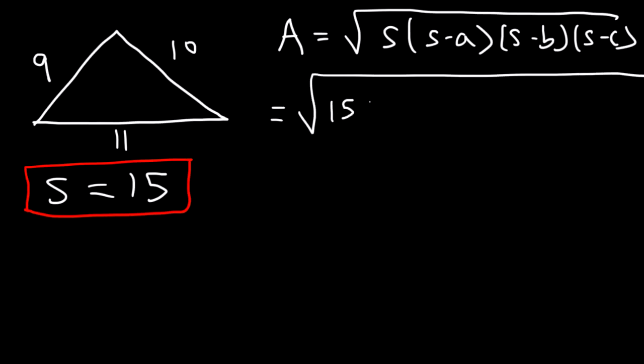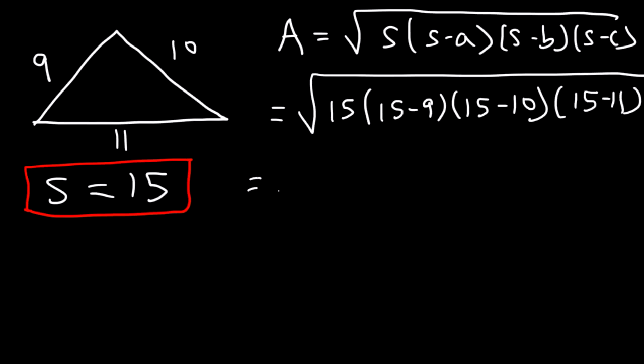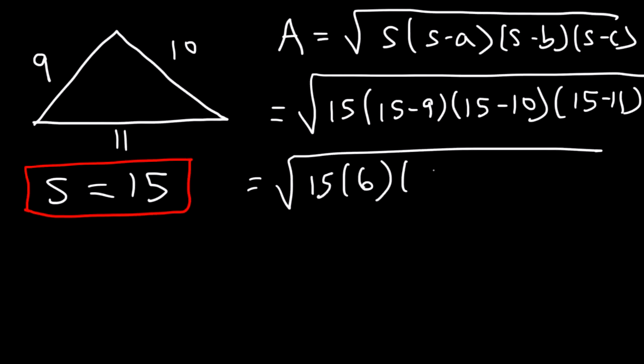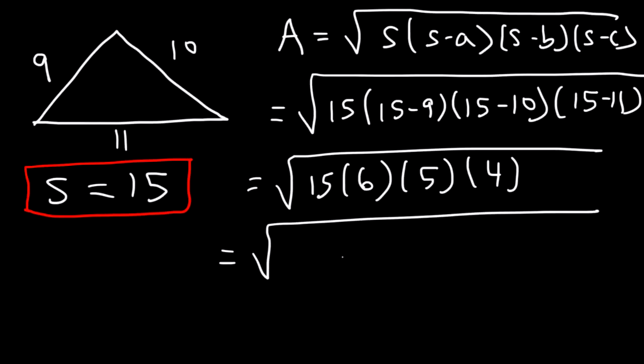S is 15, so it's going to be 15 minus 9 times 15 minus 10 times 15 minus 11. 15 minus 9 is 6, 15 minus 10 is 5, 15 minus 11 is 4. Now let's see if we can simplify this an easier way. 15 can be broken into 5 and 3, and 6 is 3 times 2. I'm not going to change the 5, and the 4 I'm going to leave alone.